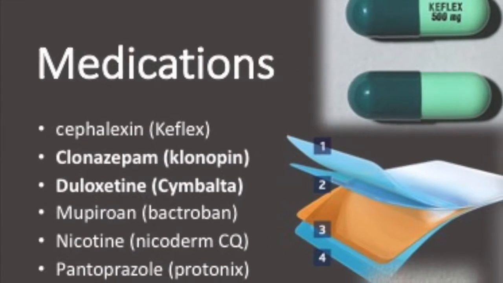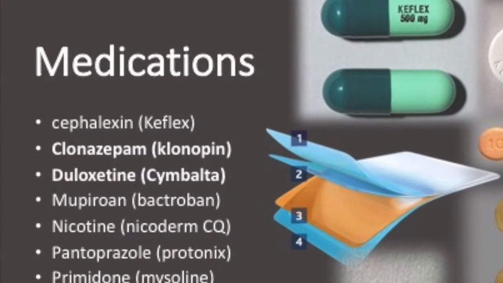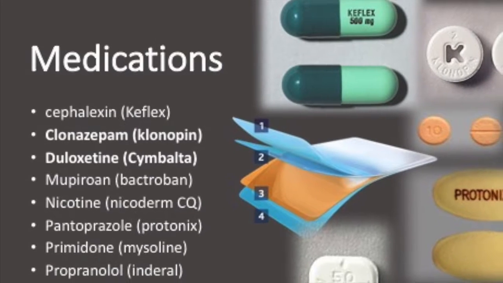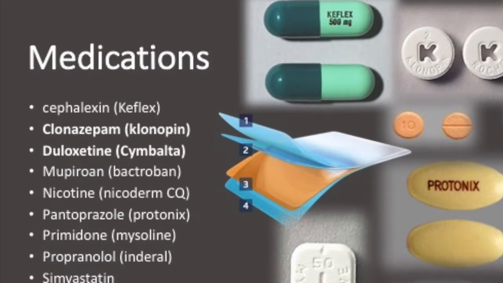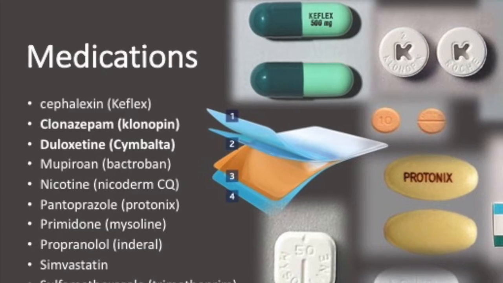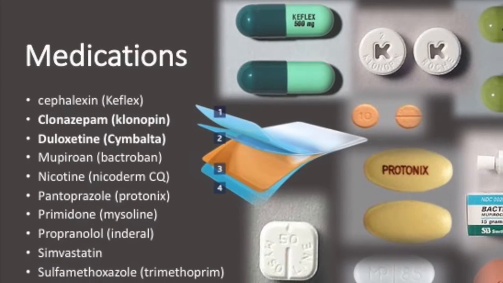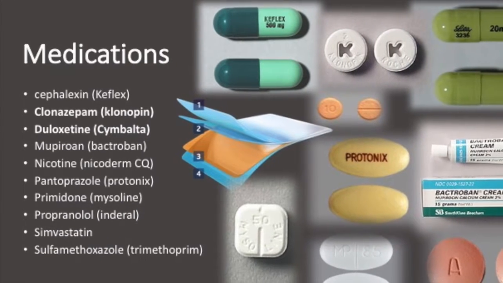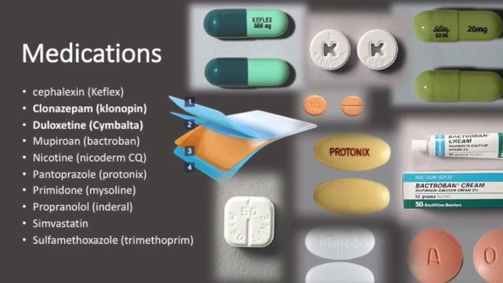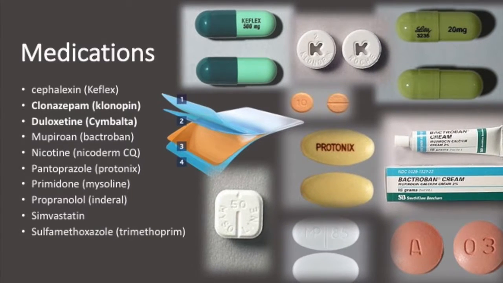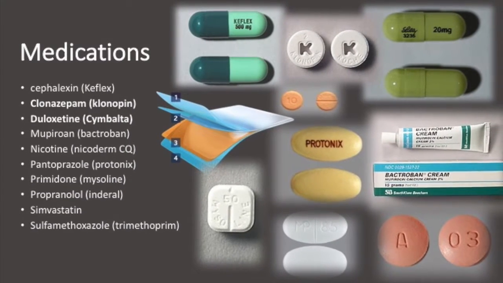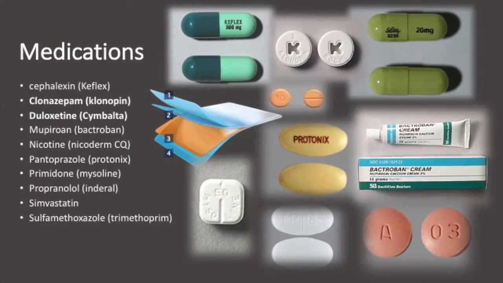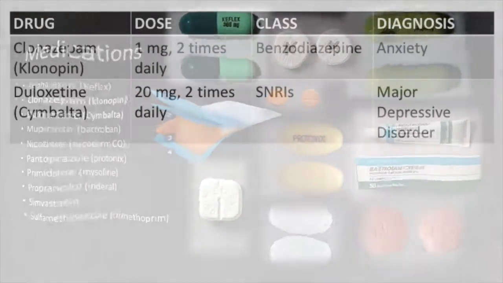The patient has been prescribed the following medications: Keflex, Klonopin, Cymbalta, Bactroban, Nicoderm CQ, Protonix, Primidone, Inderal, Simvastatin, and sulfamethoxazole trimethoprim. Of these, Klonopin and Cymbalta constitute the patient's psychopharmacology. Let's now discuss each of the medications in greater detail.